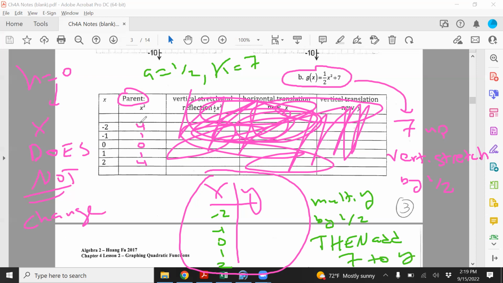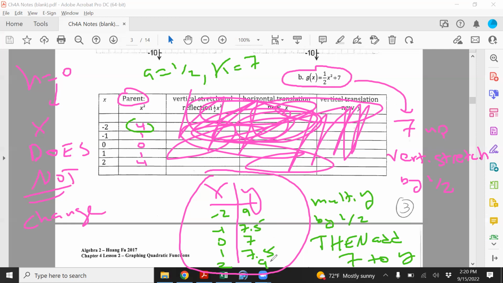So if I multiply 4 by 1/2, what do you get? 2. And then add 7. 9. Great. Multiply 1 by 1/2 and add 7. 7.5. Multiply 0 by 1/2 and add 7. 7. Multiply 1 by 1/2, add 7. And then last you get 9.